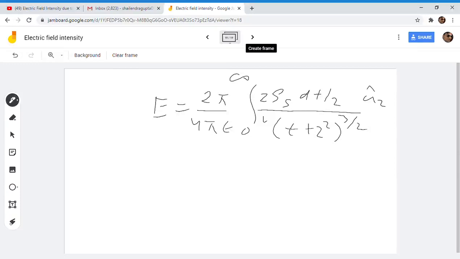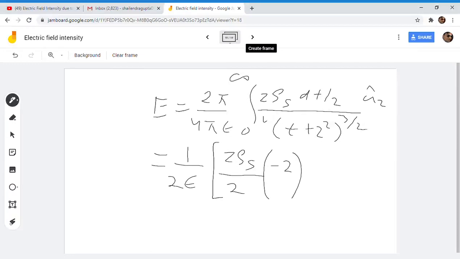Integrating this, 2 pi upon 4 pi will cancel out to give 2 epsilon. Then on integrating, this will be z rho s upon 2, and the power 3 by 2 will come to be minus 2, 1 upon t plus z square.